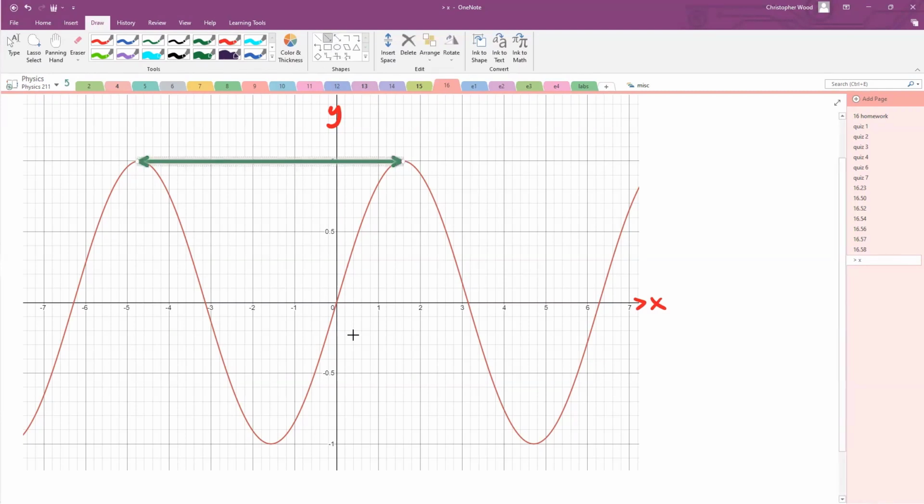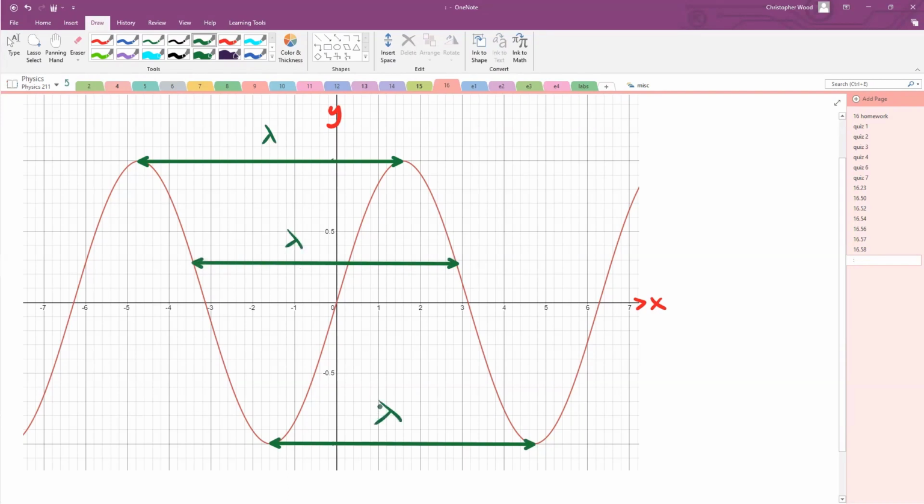Or equivalently, from this trough to this trough, that's a wavelength. Or from some arbitrary point here to the same exact point one cycle later, these are all wavelength.